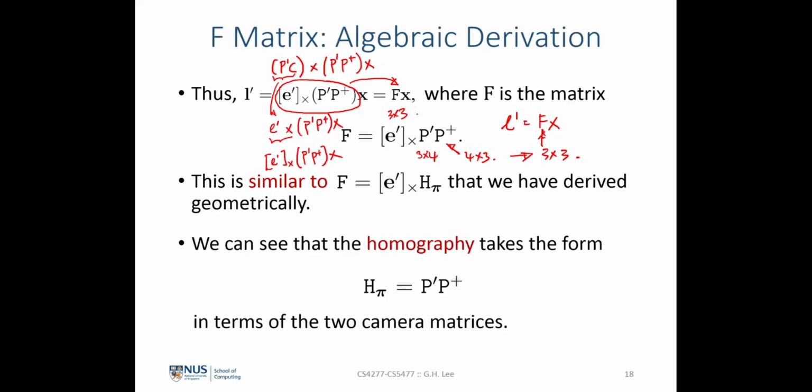And this form of the fundamental matrix that we derive algebraically, we can see that it's similar to the fundamental matrix that we have derived earlier on using the geometric derivation, where the homography simply is given by P prime multiplied by P inverse.